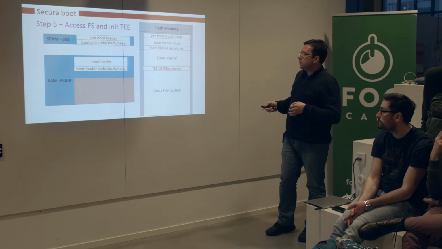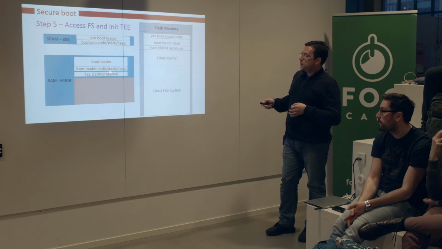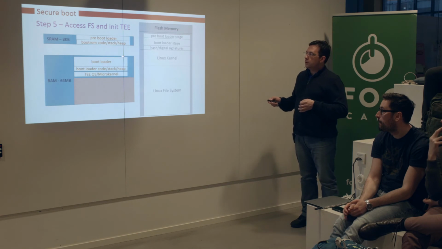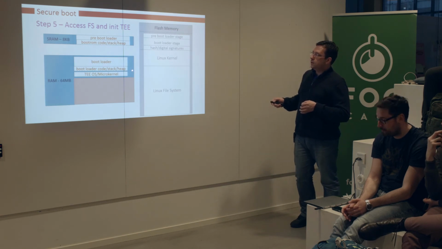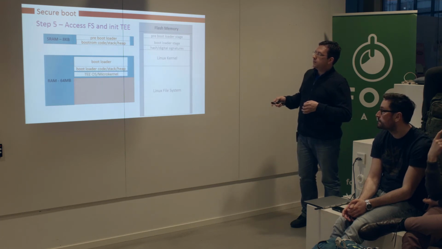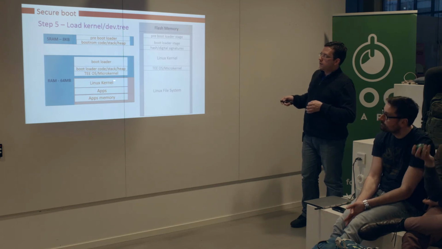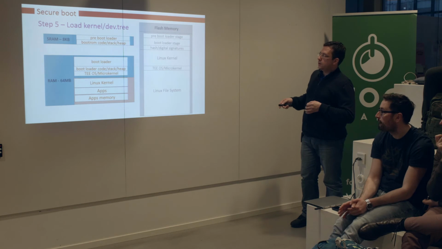Then in that one, prior to continuing loading the rest of the components, we take from the file system the trusted execution environment operating system or microkernel, which is verified and executing in the trusted environment. Then the next step is to start loading and verifying the kernel. If the kernel is properly verified, then it is executed. And then we have all the applications which are, of course, verified prior to being put in memory and executed.